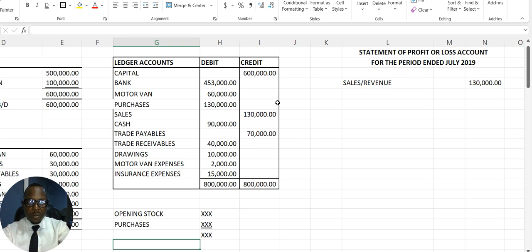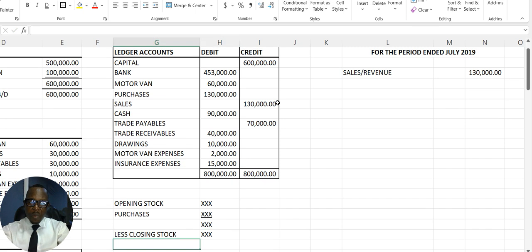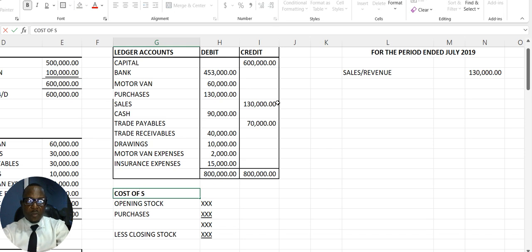You now less your closing stock. So you now underline it, and this is the process for having cost of sales. Please, let's bear that in mind.